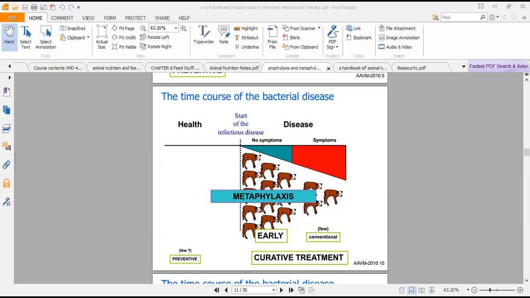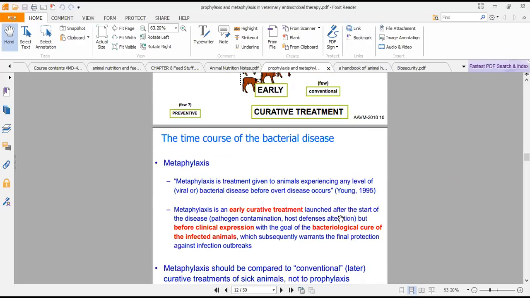If we compare prophylaxis and metaphylaxis, prophylaxis is a preventive act, whereas metaphylaxis is an early curative treatment when no symptoms have appeared. But after the symptoms have appeared, when you use antibiotics, it will be called post-curative treatment.